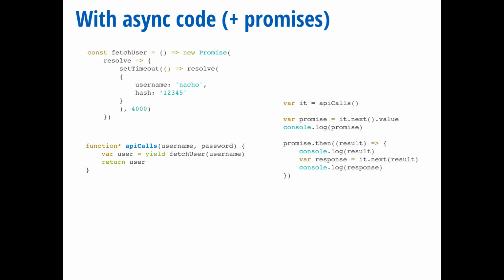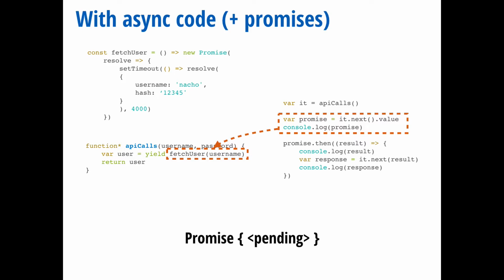We will see why. In this case, we have a promise that simulates a server request. It's just a timeout and gives us an object, the username and hash. And then we have this generator and a runner. If we call next, give me the first value, it will return this promise, and the promise is pending because it has 4 seconds to wait.